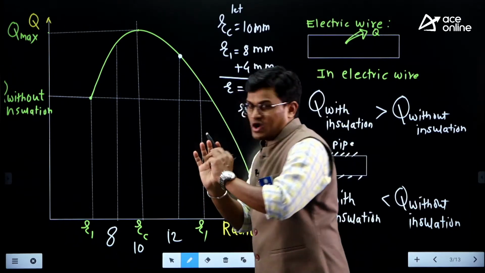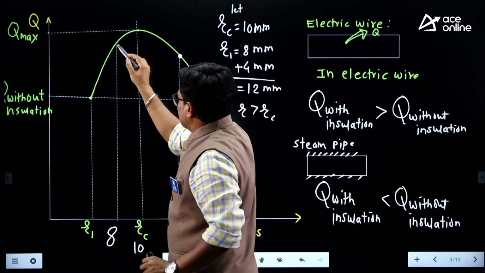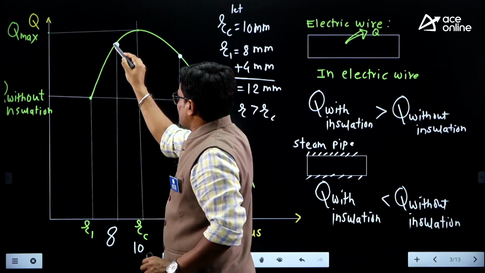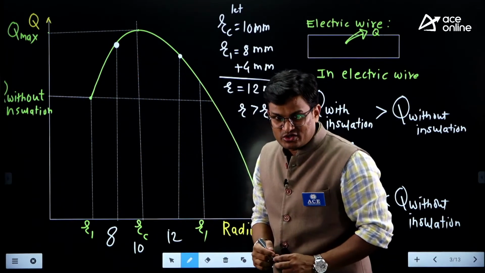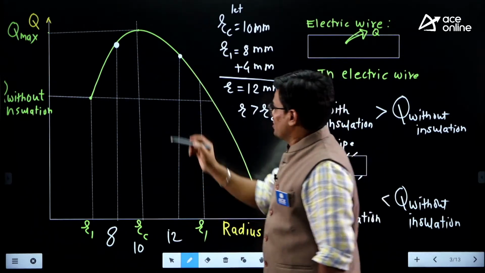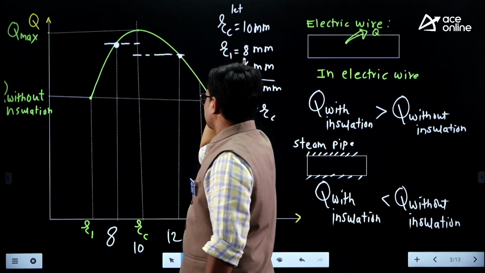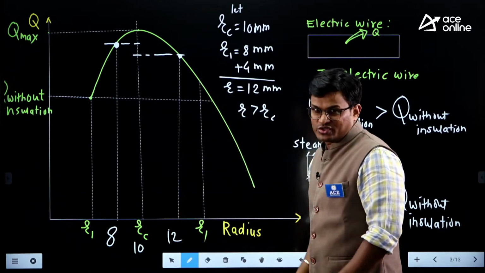Now always you need to check: this is your first point, without insulation, and this is your second point, with insulation. This difference you have to check.